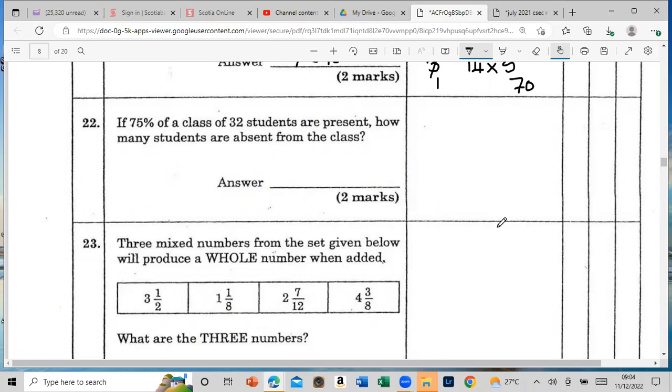It says, if 75% of a class of 32 students are present, how many students are absent from the class? Work it out and then tell me what you get, all right?